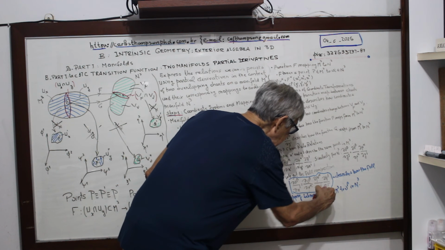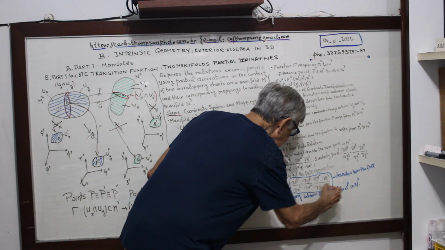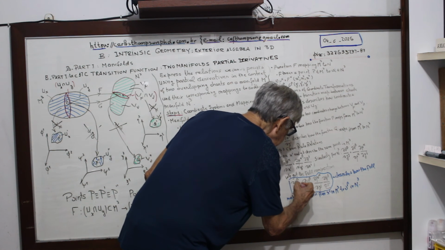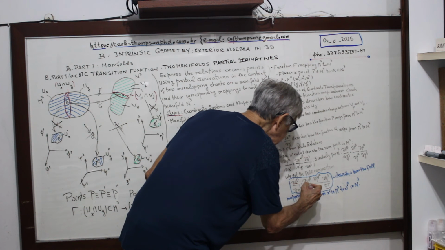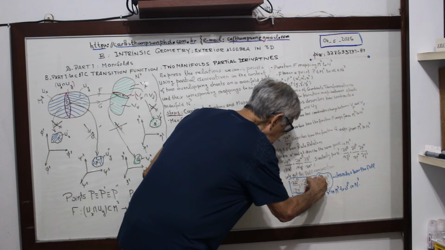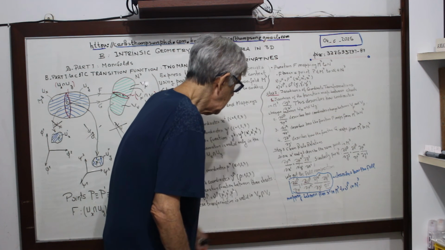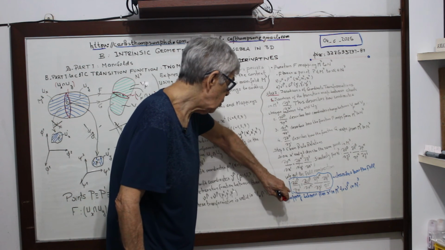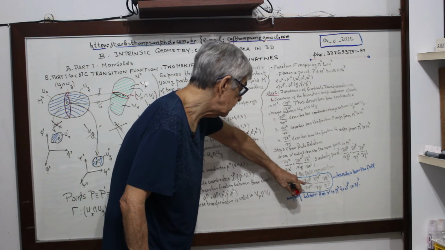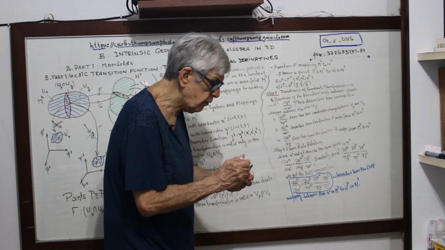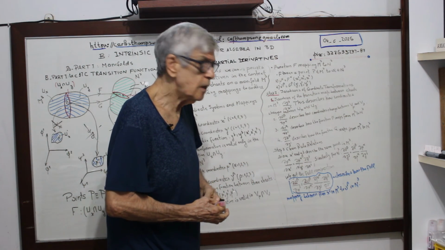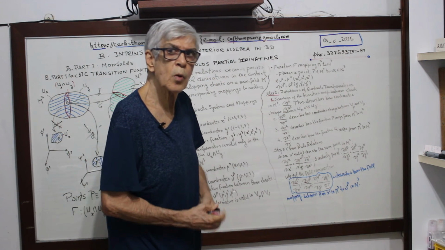You find xi over here, xi over here, this one and this one. And then this alpha and alpha are dummy, and this j and j are dummy. So by composing these partial derivatives, I can obtain any relation that I want.